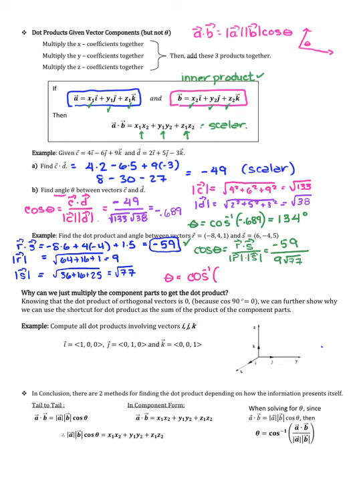Negative 59 over 9 square root of 77 would give you negative 0.747. So theta is approximately 138 degrees. Okay? All right.